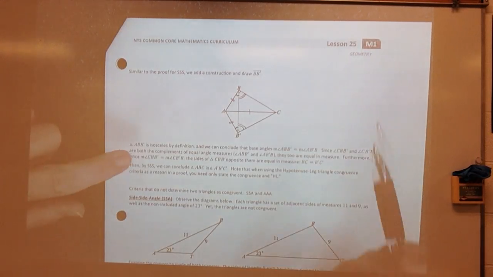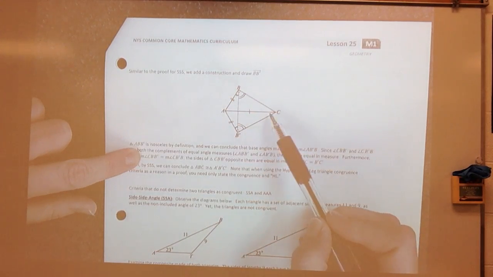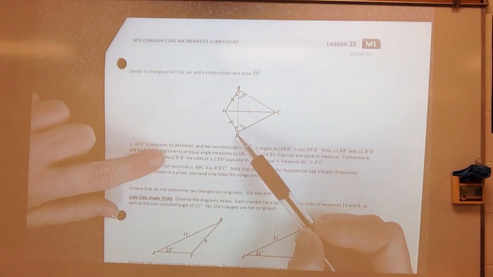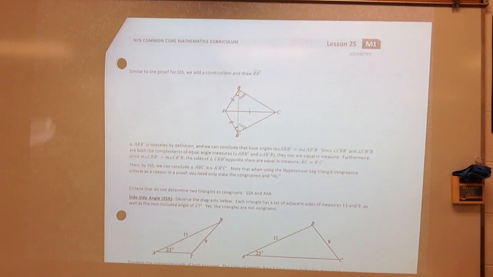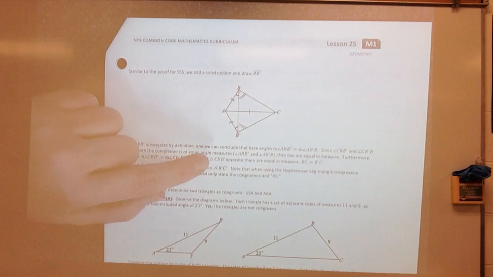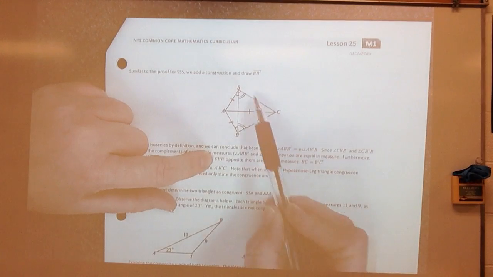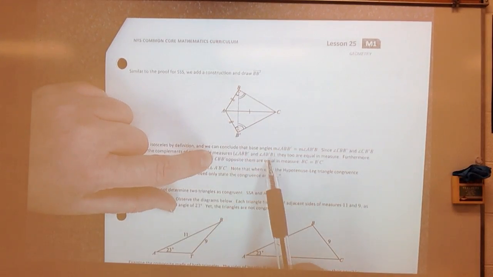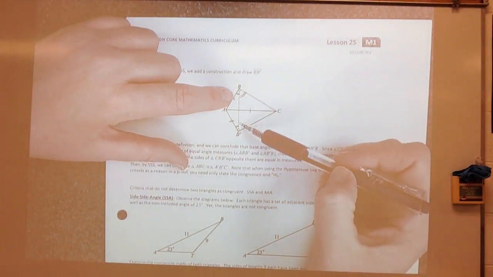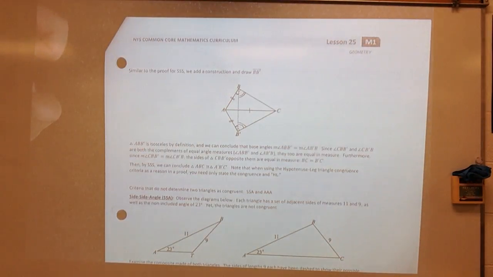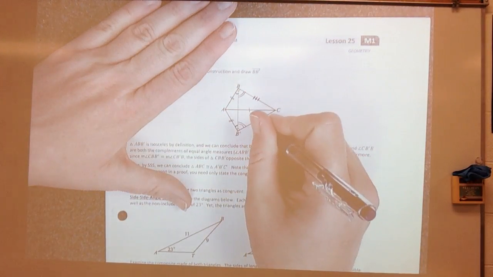Furthermore, since the measure of angle CBB prime is equal to the measure of angle CB prime B, these two angles that we just said were congruent or equal, the sides of triangle CBB prime must be equal in measure because, remember, if we've got equal angles, then we have an isosceles triangle.